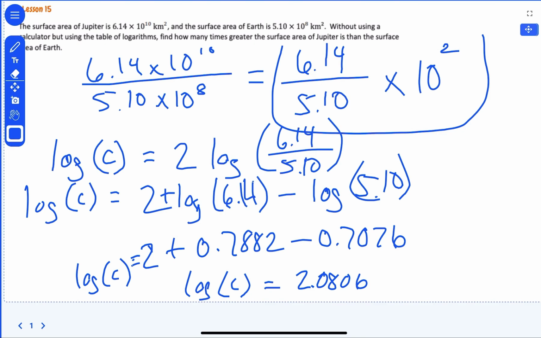So now that technically is the answer, but what does 2.0806 equal as a log? How would we figure that out? 2 is going to represent what?